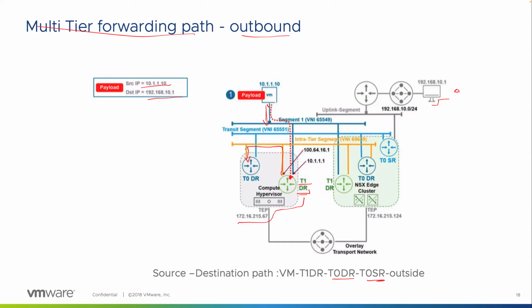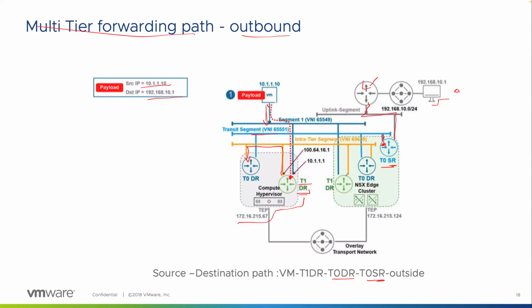So T0DR will send the packet to T0SR, which is here, via this transit segment to the T0SR interface right here. And T0SR will check its routing table and send the packet out to the physical router here. And the physical router in turn routes this packet.